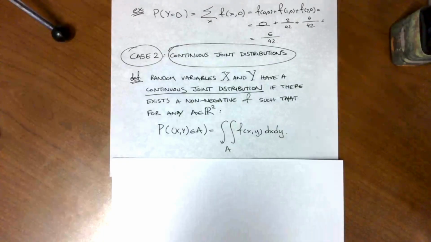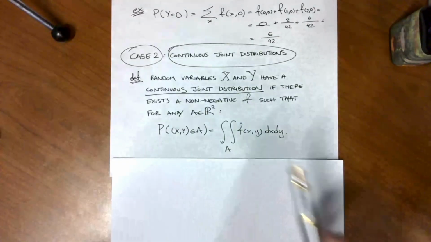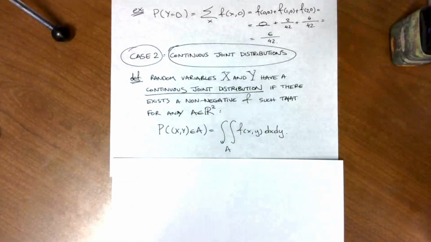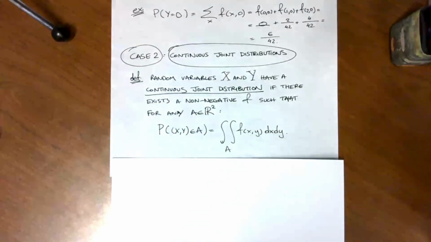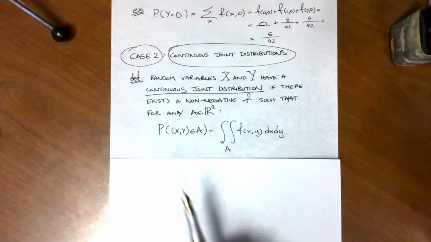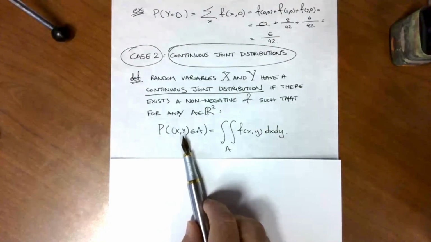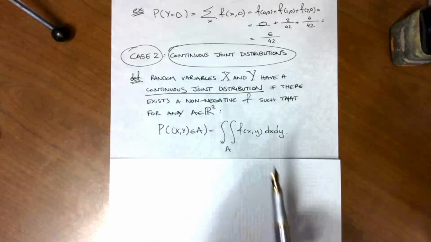So that's the initial, or rather the formal, definition. Think about the idea that this f function is non-negative. That is something to be expected given what we have learned about the univariate case so far. Now we're looking at the probability that pairs of x and y random variable values fall in a particular domain of R2.